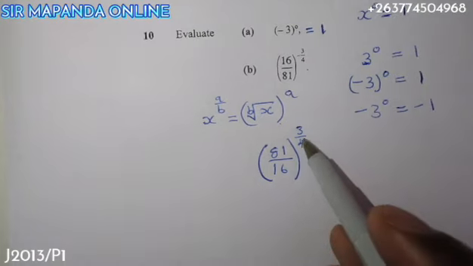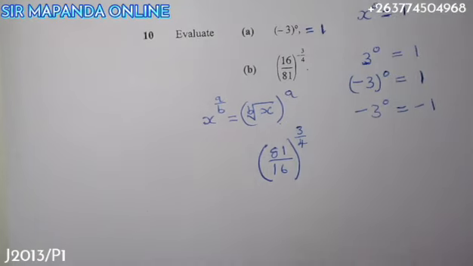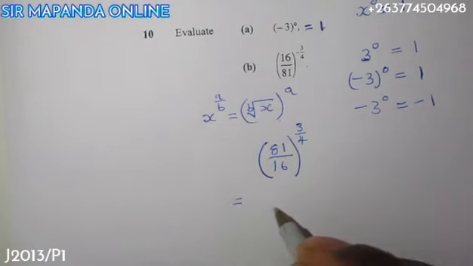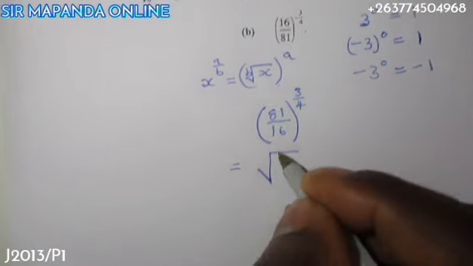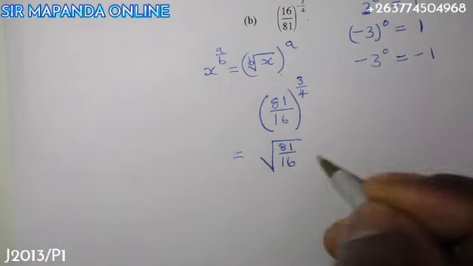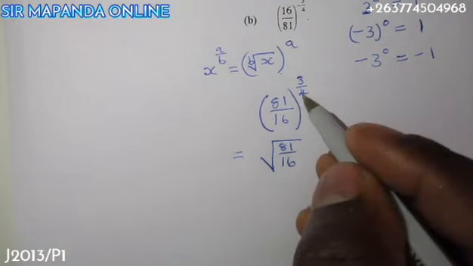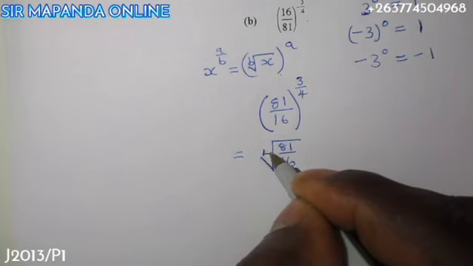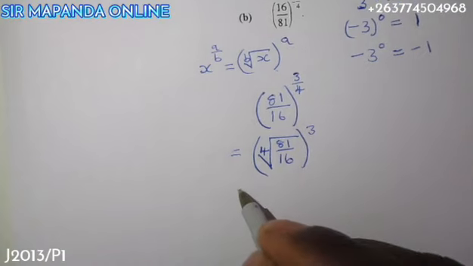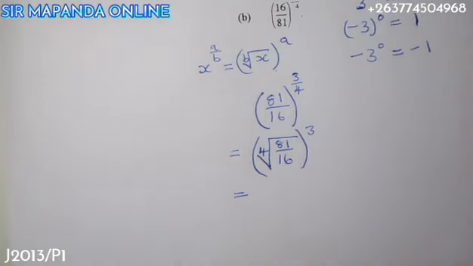So now that we have a positive fractional power, we can now apply this law. We are going to put a root sign, then place 81 over 16 inside the root sign. This 4, the denominator, place it at the corner so that you raise everything with 3. Let us proceed.